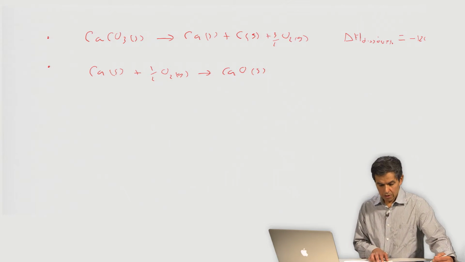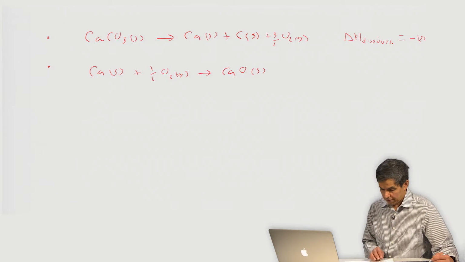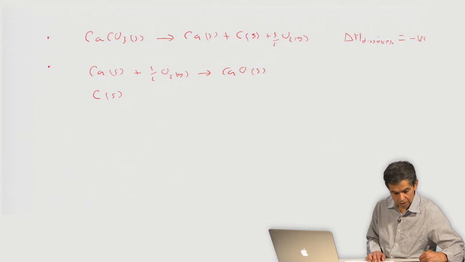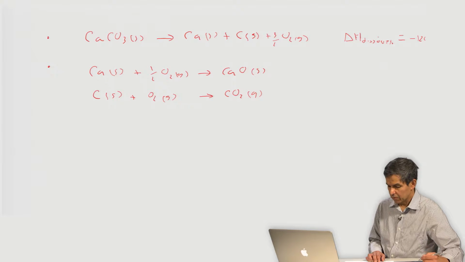The second reaction of formation will correspond to carbon solid, graphite in this case, plus oxygen in the gas phase to yield CO2 in the gas phase.